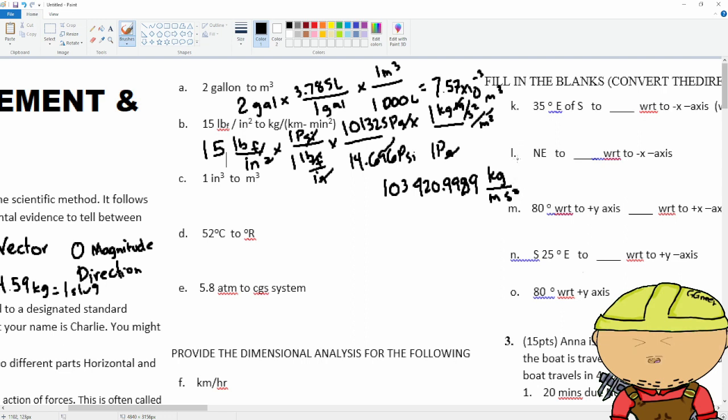What do we need? Kilometer and minute squared. Let's convert meter: 1,000 meter is 1 kilometer. Then 60 seconds is 1 minute, and that is 60 seconds squared, so we need to square the seconds there.